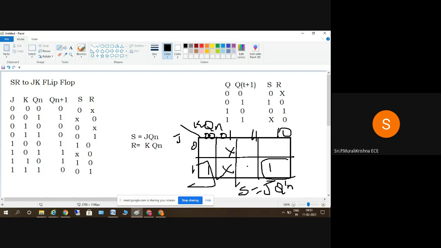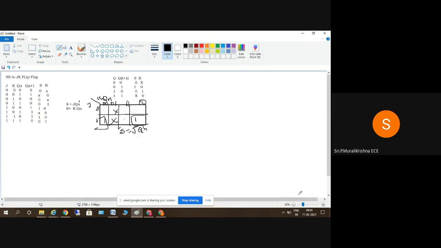Okay. And what is the value of K? So tell me the value of R here. So the R value will be K Q of N. K Q of N. Yeah.